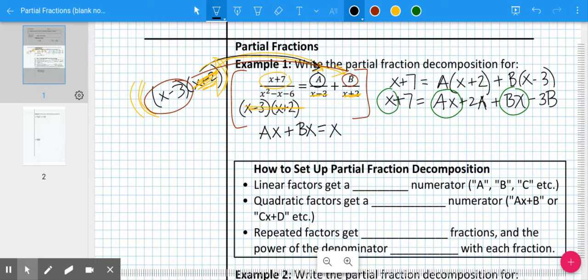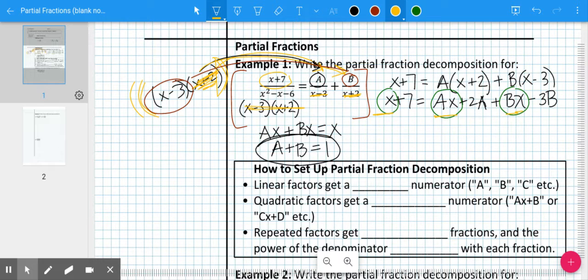Whatever A and B are, they have to equal 1 so that the Ax and the Bx add up to a 1x. If A is 5 and B is negative 4, I will get a 1x.